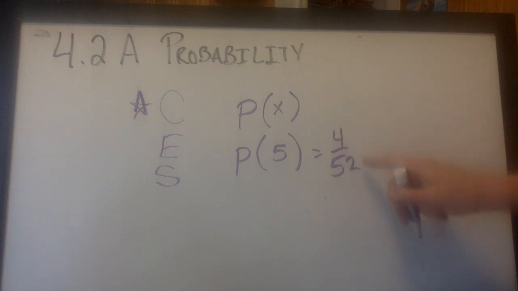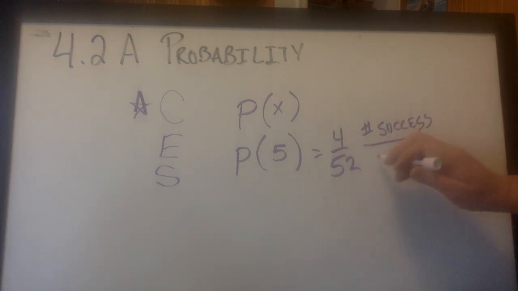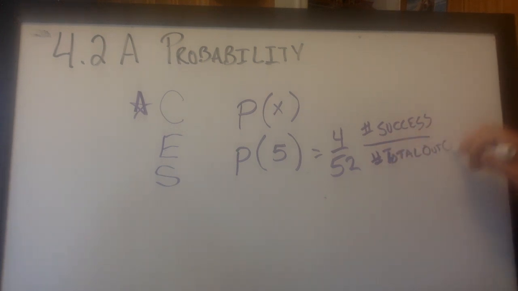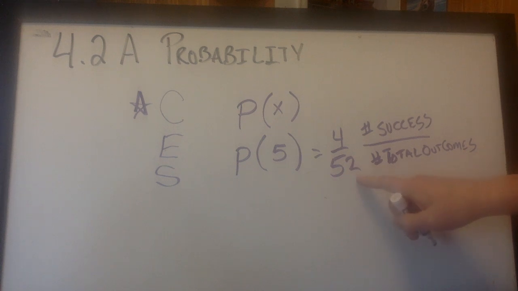I label it as the number of successes divided by the number of total outcomes. So it's a fraction. There are 4 5s and there are 52 cards.